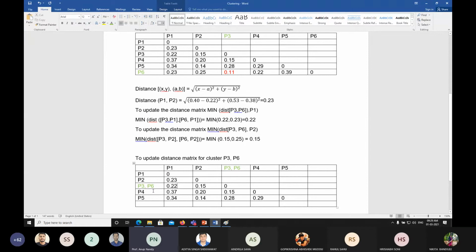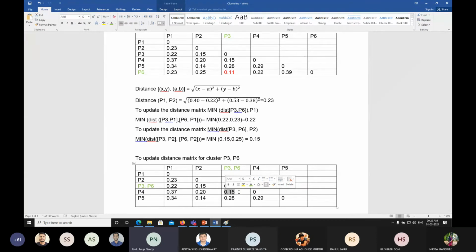Okay, now P3, P6 to that you have P4. Now can you see that P3, P6 to P4? How much it is coming? P3, P6 to P4 means P3 to P4 and this P6 to P4.